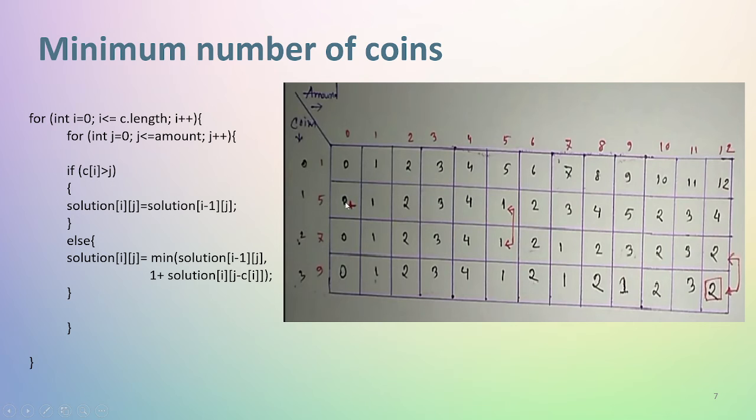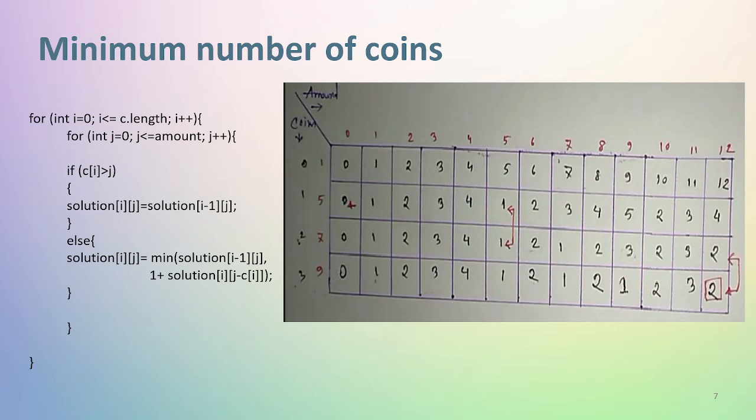So we find 0. That means the 0 position, and in the 0 position you find 0. So that's why 1 plus 0.